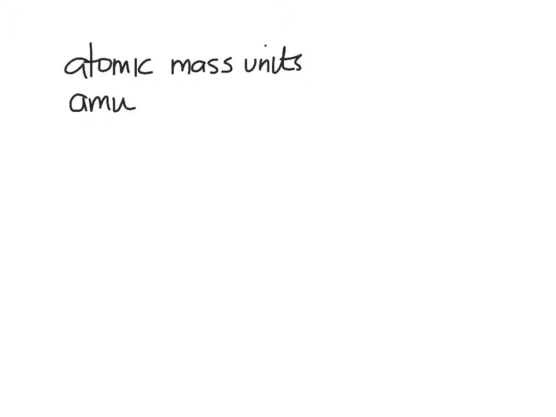We usually shorten it even further to U. So sometimes you'll see in textbooks or references 12.01 AMU, or they'll put 12.01 U. One atom of carbon-12 has a mass of 12.00 atomic mass units, or 12.00 U.